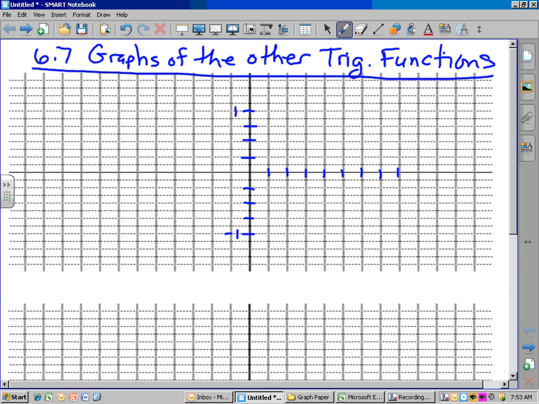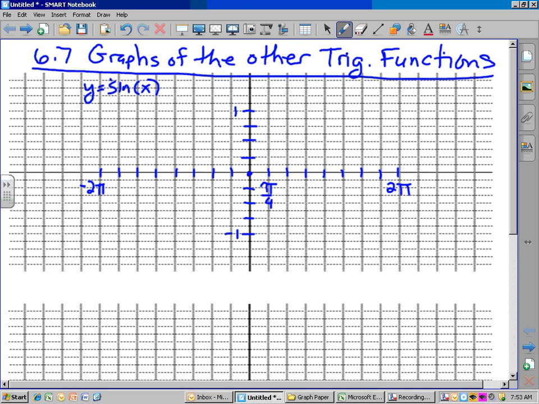We'll need 8 tick marks to cover from -2 pi to 2 pi on 45, pi over 4. So where do we start for sine?